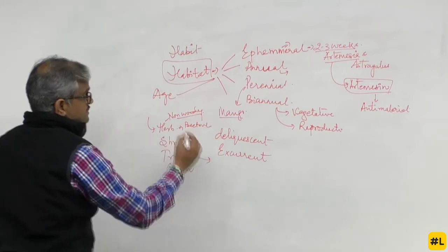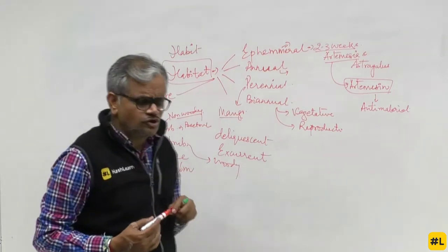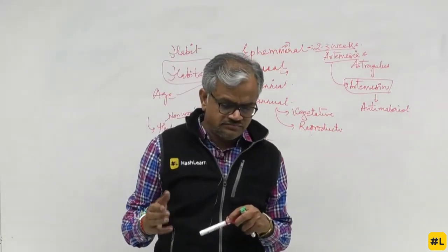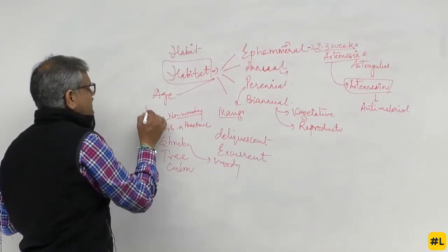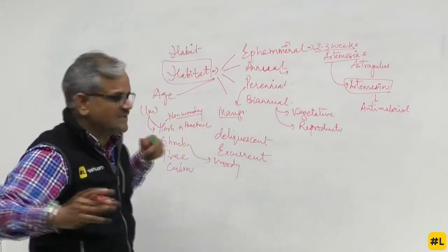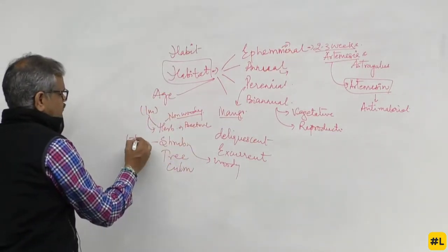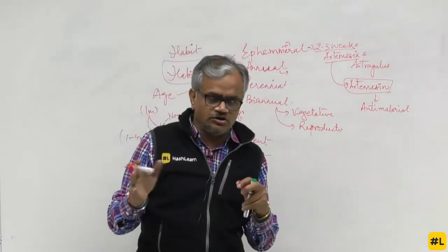Whereas shrubs are woody, technically taller than herbs. Herbs are usually approximately 1 meter, and shrubs are somewhere around 1 to 4 meters. That is the short and long of it.